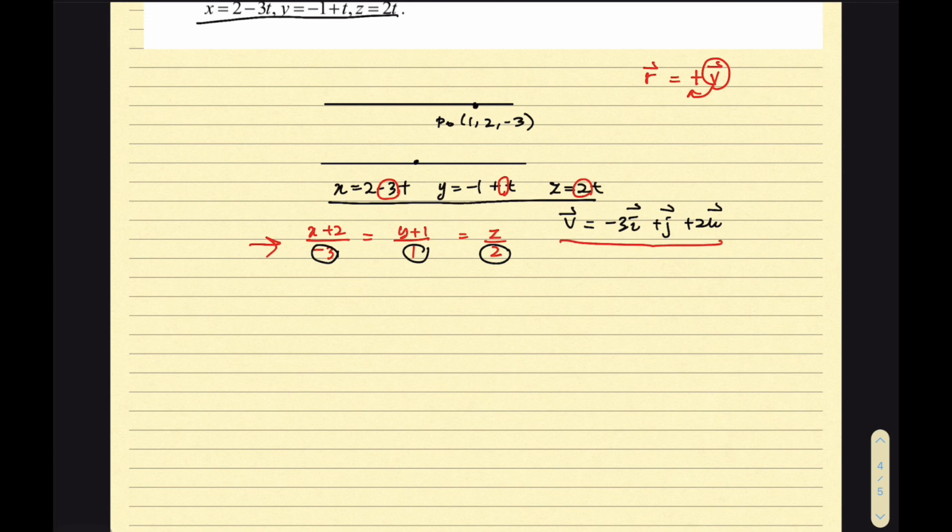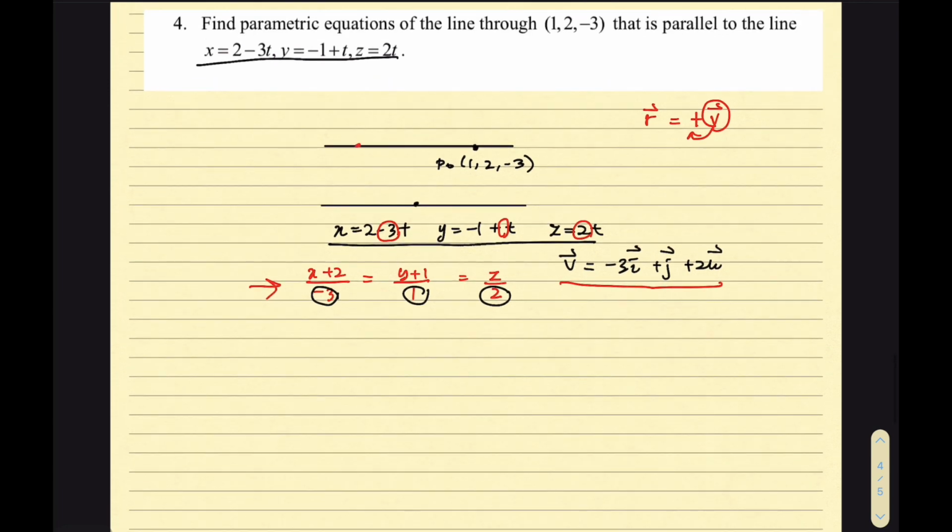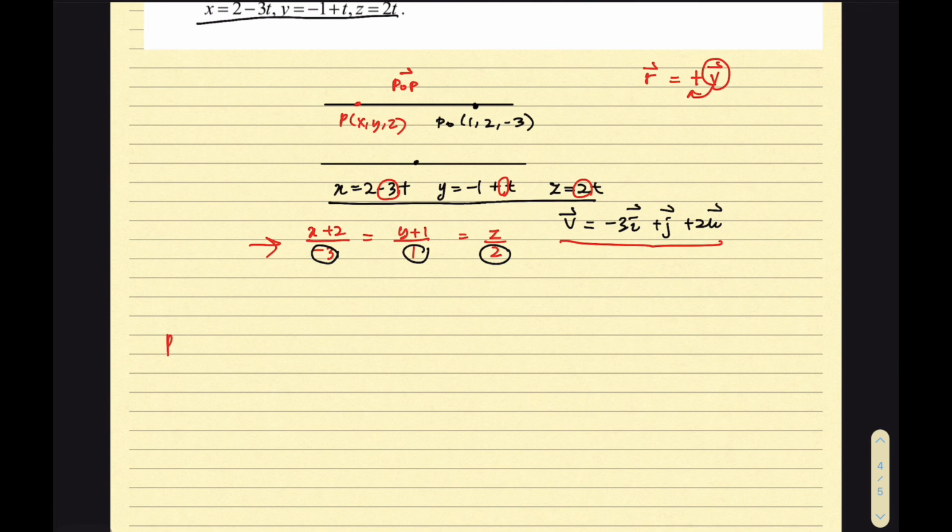So there is no problem for us to find the equation of the line. Okay, the first one you need to find the vector P0P, where P is (x, y, z), any point on the line. Okay, so vector P0P is (x minus 1)i plus (y minus 2)j plus (z minus negative 3)k.